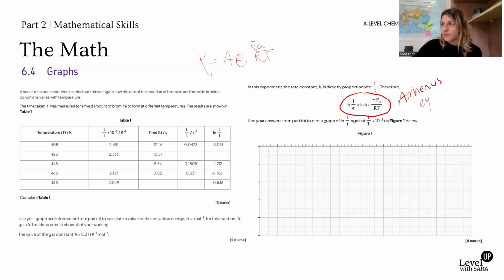Now, as you can see, this point is very important. The rate constant K is directly proportional to 1 over T. Okay, so instead of K, we write 1 over T, but we've taken the natural logarithm of all of it. So as you can see, it would be the natural logarithm of the rate constant, the natural logarithm of the collision factor, and then we've removed the exponential.